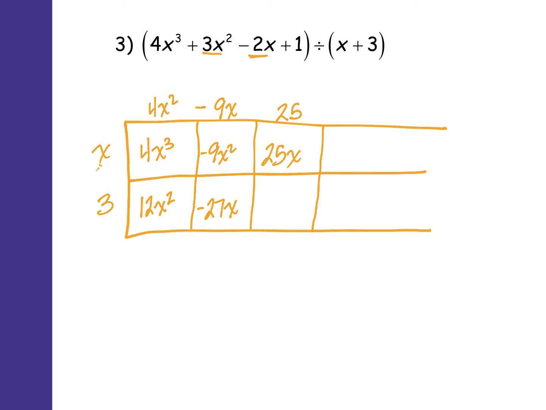Great. And 25 times 3 is 75. What do I add to 75 to get 1? Negative 74. So, I'm going to put a plus sign there. So minus 74 divided by x plus 3.